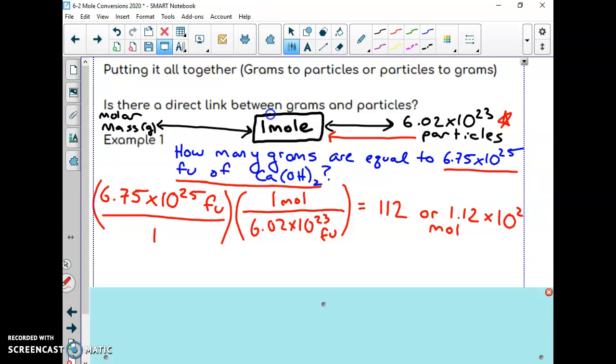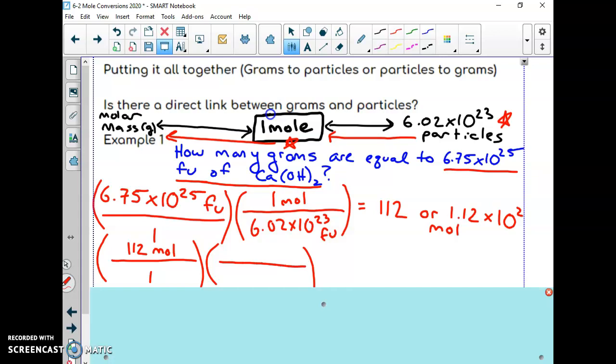So we're here in the middle, but we're trying to get ultimately to grams, which means now it's molar mass time. So use the information we have. We have a new starting number. We know that our sample contains 112 moles. And now we're relating this to grams.